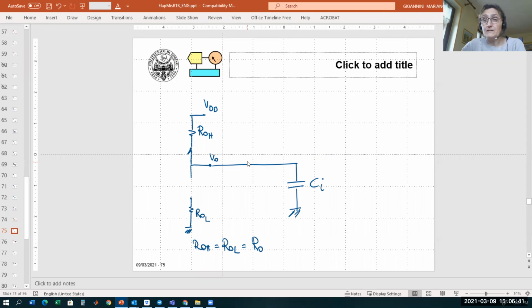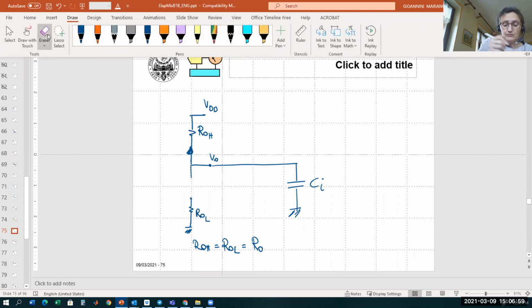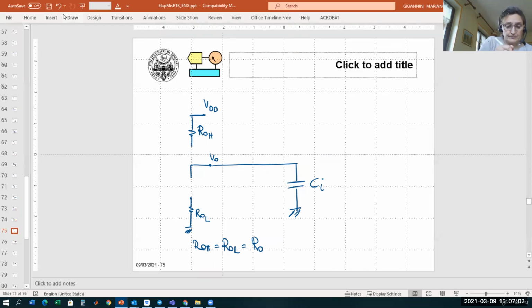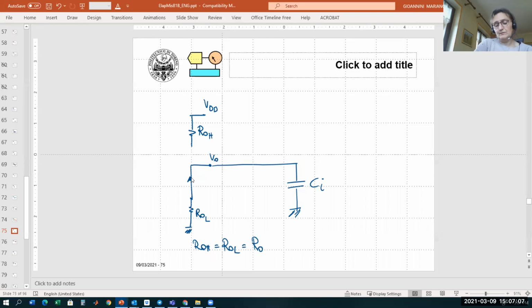This is the input capacitance of the digital block B. What happens when I close this switch? Let's repeat again. In the initial condition, at t equals 0, we started with an initial condition like that. In this initial condition, how much is the voltage here? I remind you that this node is B, right? VB at t equals 0, how much is it, looking at this circuit?